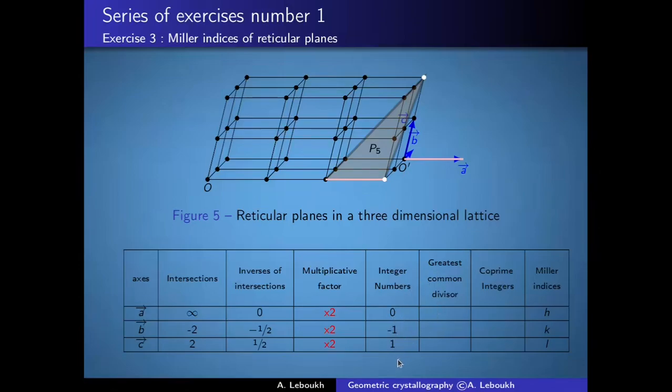And here for the three numbers, the greatest common divisor is 1. By dividing these three numbers by 1, we obtain the same numbers, 0, -1, 1. And we say that the Miller indices are h equals 0, k equals -1, and l equals 1.